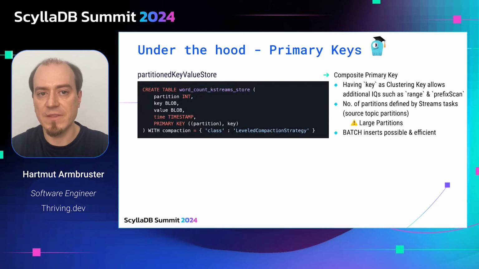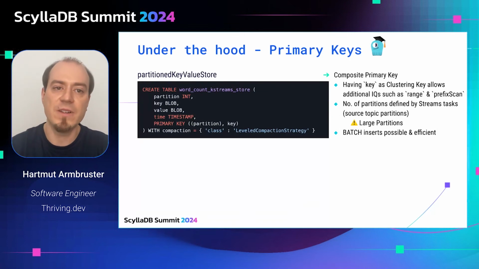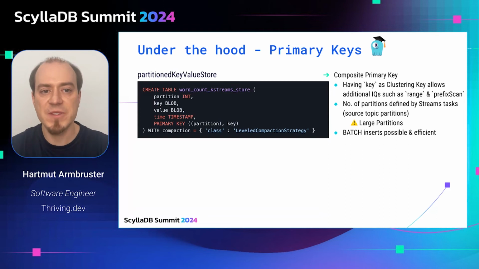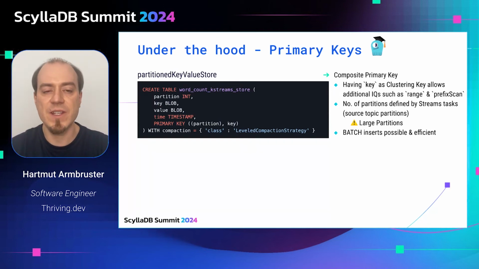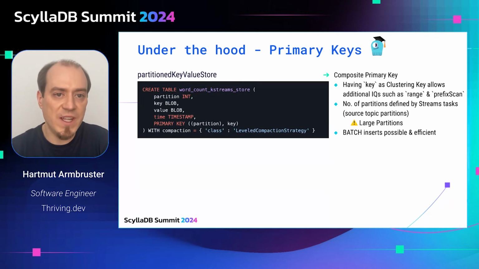So this is the key of your item put into the state store by Kafka Streams, which is a key value pair. This key is essentially also your Kafka Streams processing message key. It is also used as the clustering key in this table. This allows for additional interactive queries such as range scans and prefix scans.